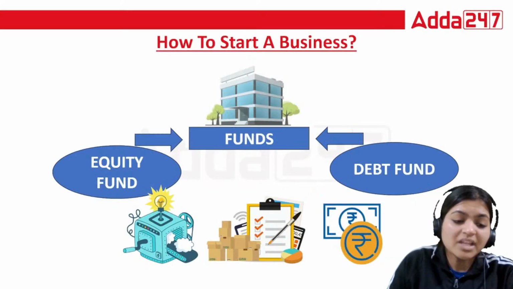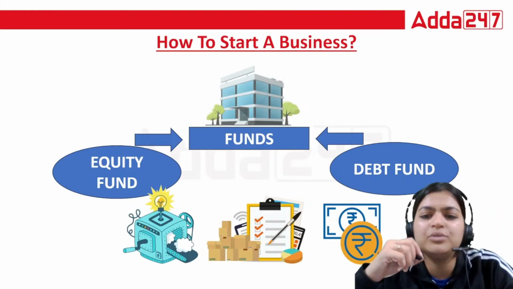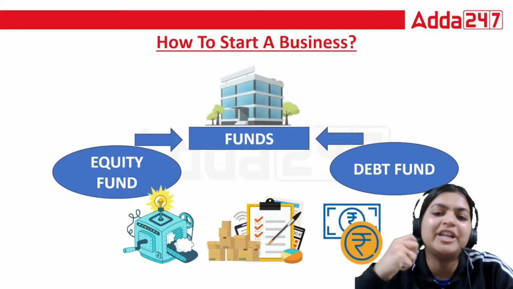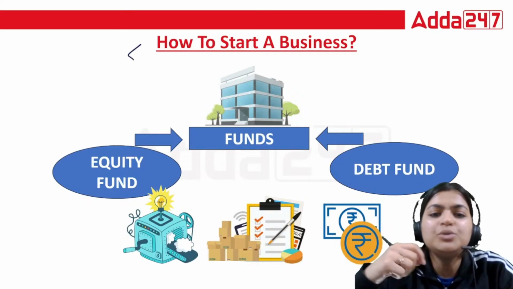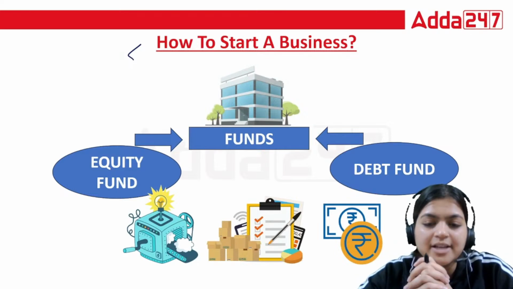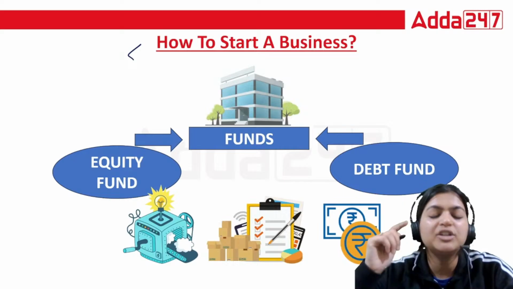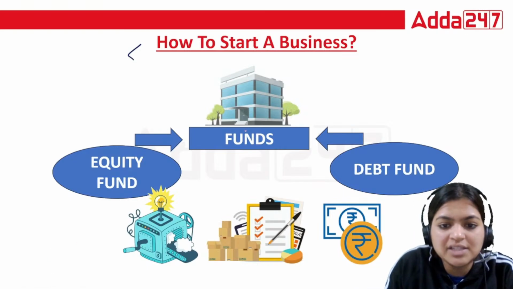So before we start the theory part, let's talk about few points related to business. Now, if I ask you how to start a business, suppose you want to start a business, you require funds. What is the first thing we want? We want funds. Without funds, can we start any business?